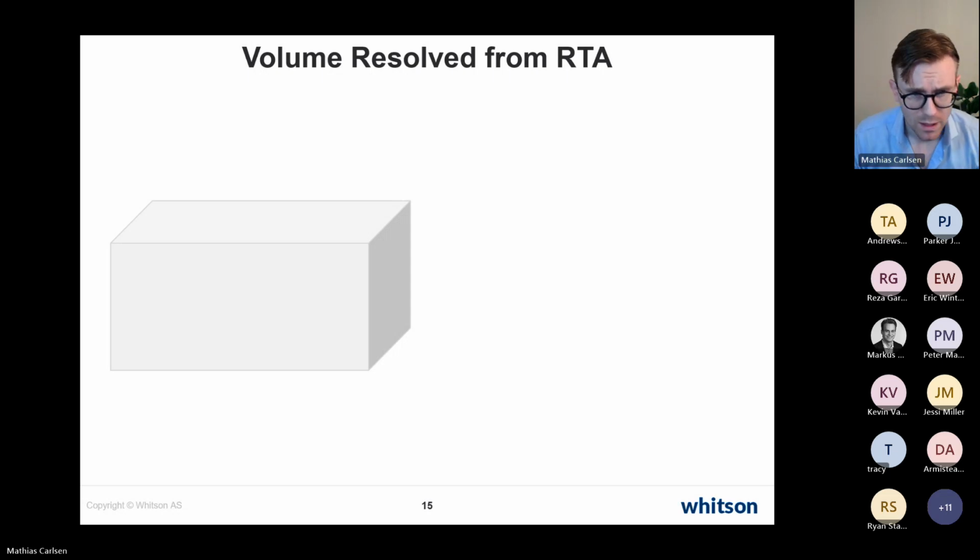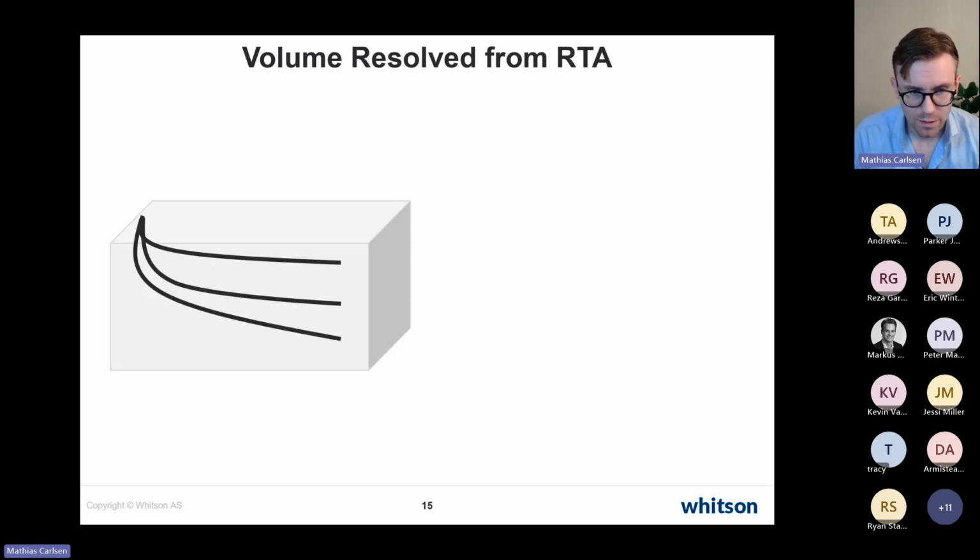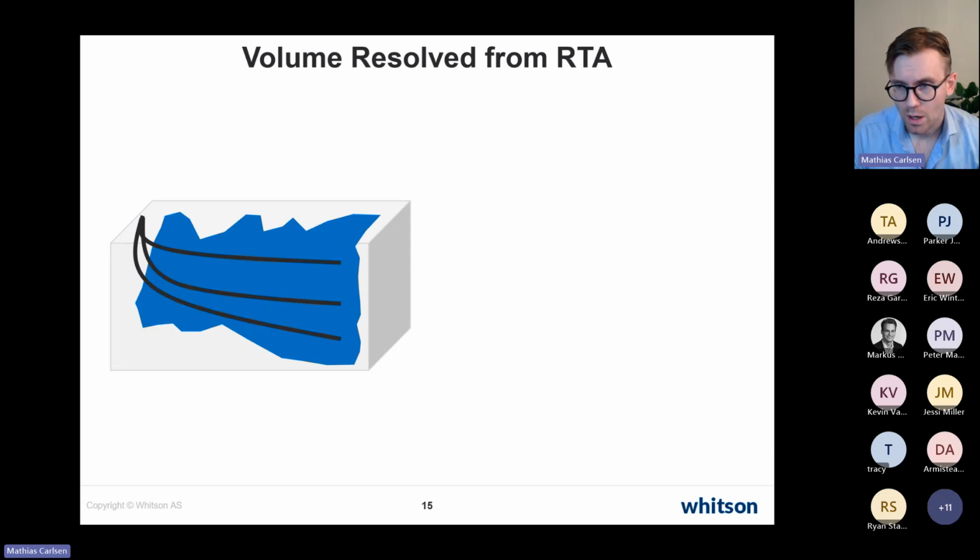Let's say that's 50 million barrels of oil in place. Then we put 3 wells in there and we complete it. And then these 3 wells are able to contact, let's say, 10 of these 50. And that's pretty common, actually.